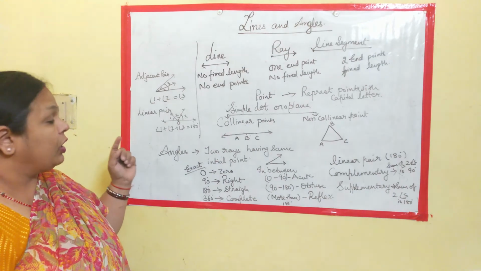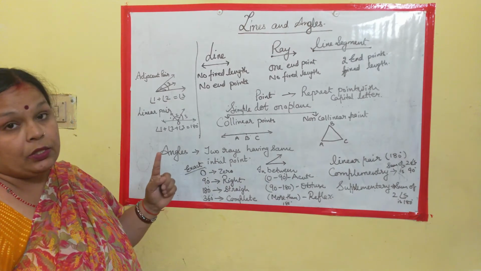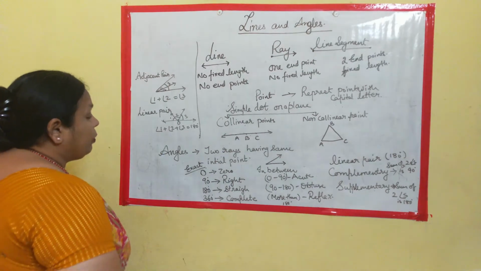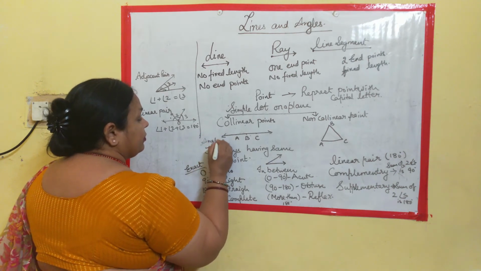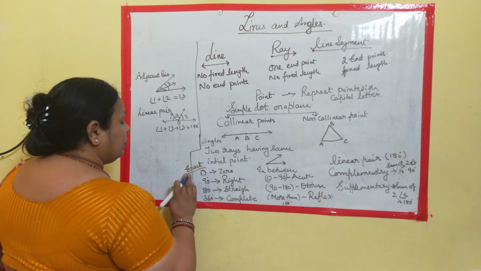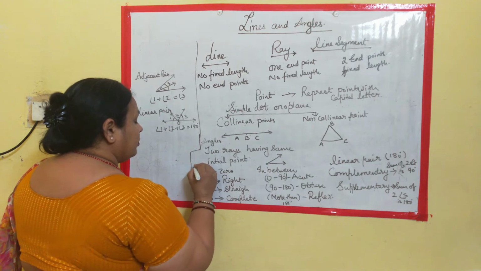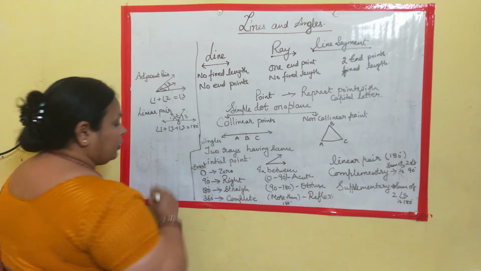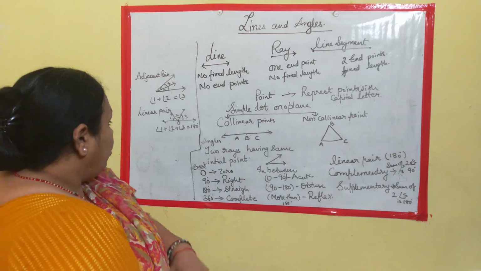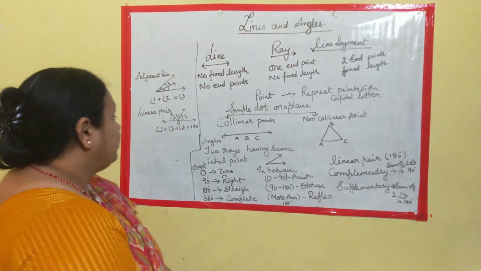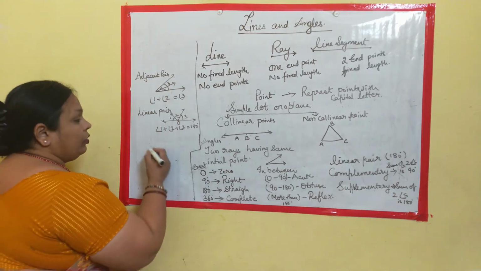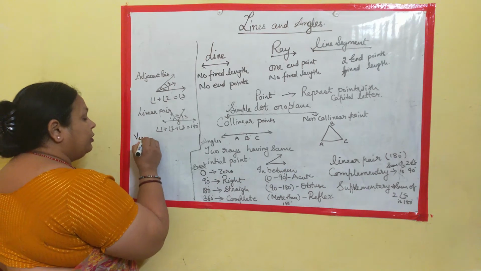Now we will be talking about vertical angles. Okay, vertical opposite angles. So for that, now regarding when we talk of vertical opposite angles, we need to take the help of a figure again.